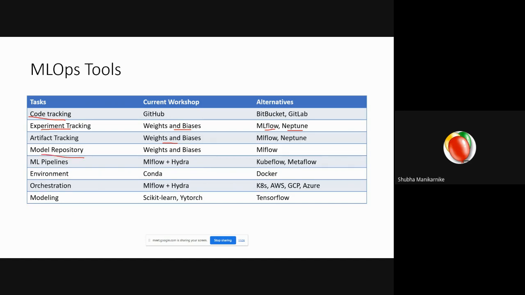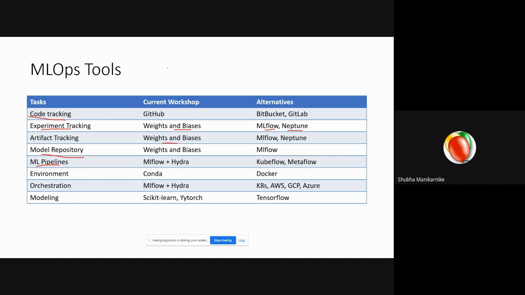Model repository is where you place all your models. It is a cloud-based repository where you place all of your trained models, and you pick one of the models and mark it as the final model. And ML pipelines. ML pipelines is the orchestration process. You have different stages in a data science life cycle or an ML life cycle.